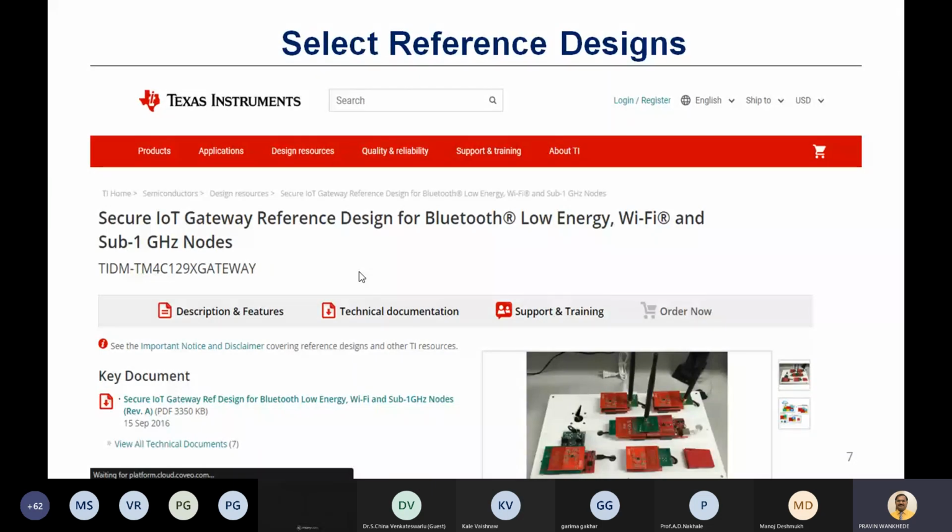The students easily understand how they developed the battery charging unit, the low power circuit, the Wi-Fi unit, and the antenna unit on the PCB. All these things the students or researchers can easily understand from the reference design, and that will help increase the quality of your product.